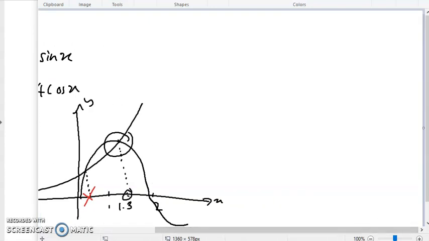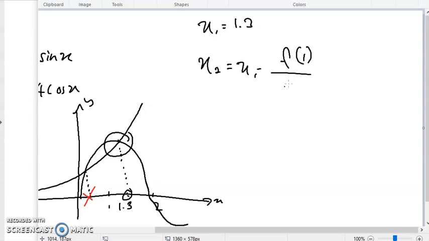Okay, so then the next one, of course, after you've got your x1 is equal to 1.3, you need to find what is your x2. So your x2 here will be equal to x1 minus f of x1 over the first derivative at x1. And then you are going to find the value of x2 and x3.